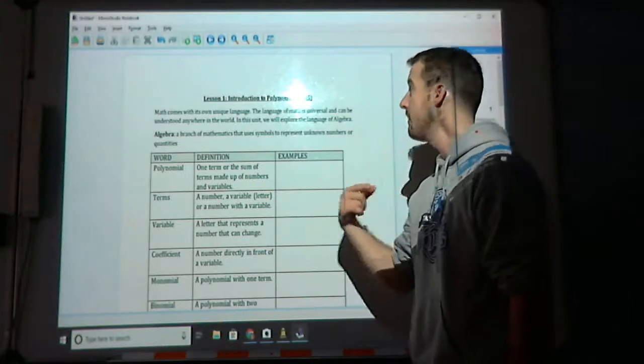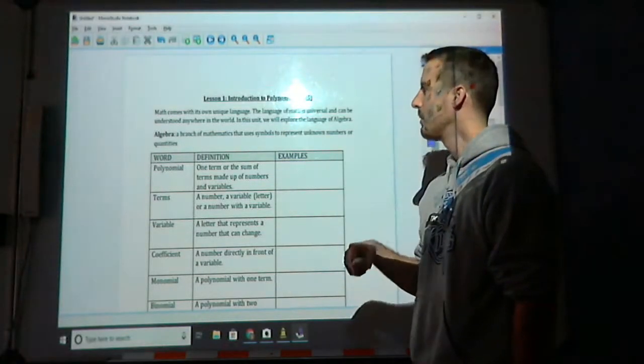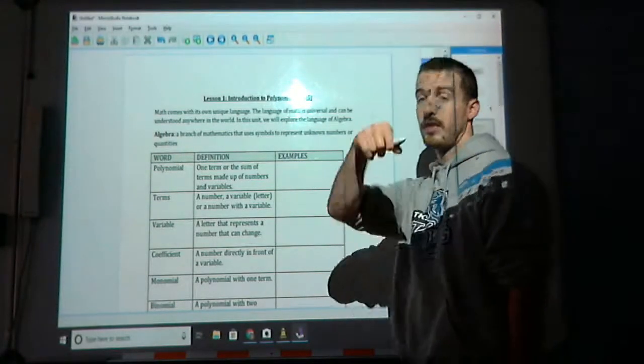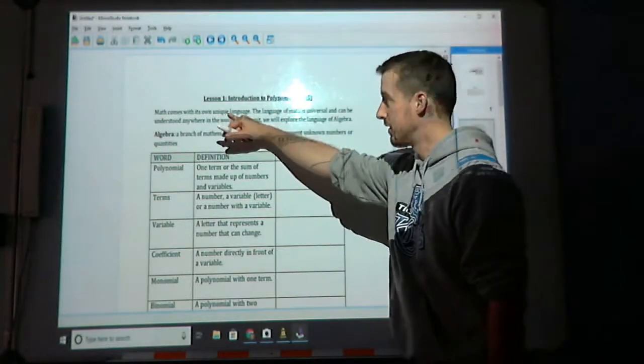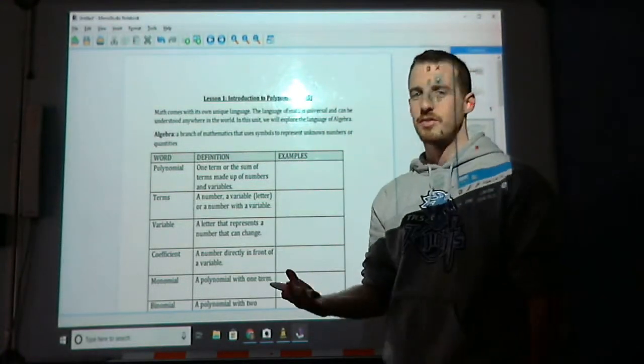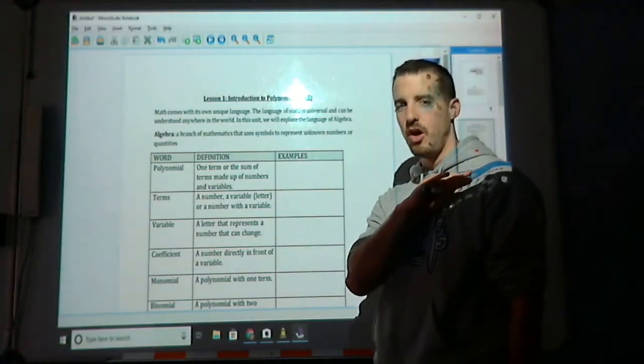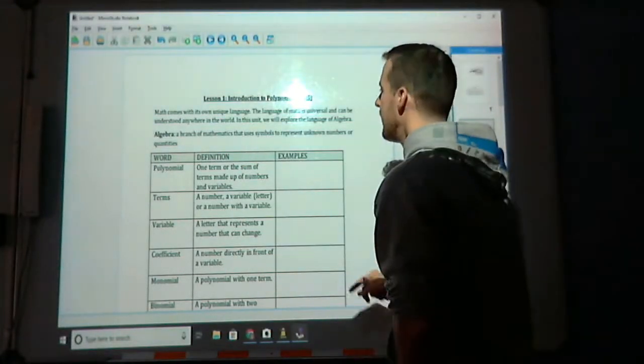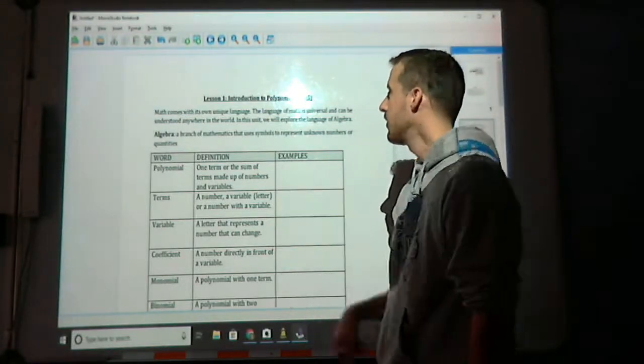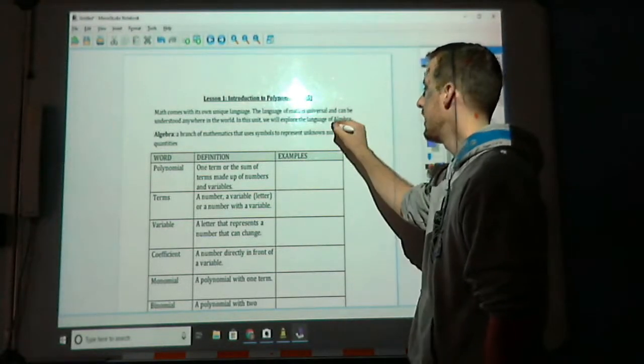So math comes with its own language. The language of math is universal and can be understood anywhere in the world, and this is true. The explanations might be in a different language, but the numbers and the equations are used across all languages, okay? And so in this unit, we will explore the language of algebra.